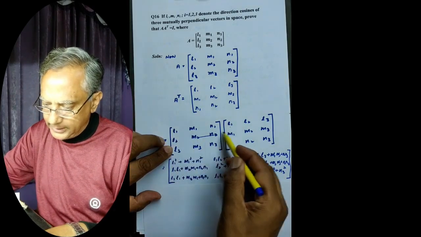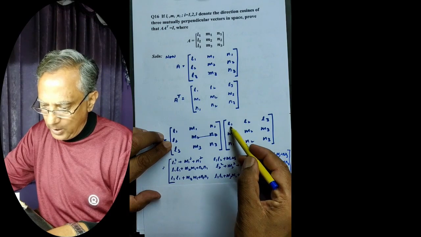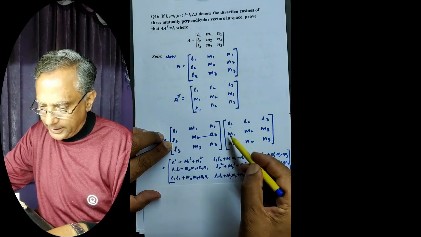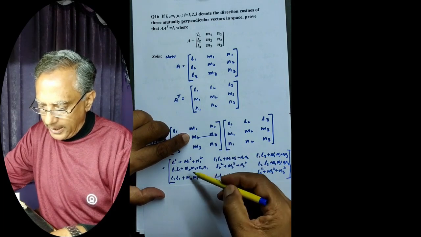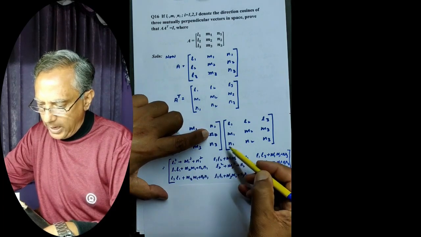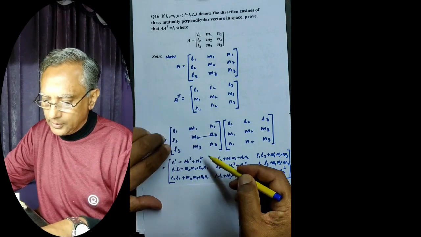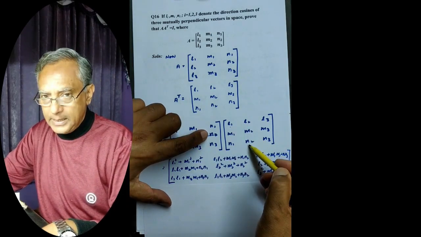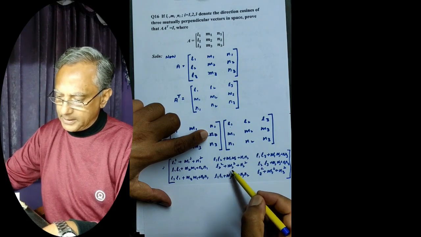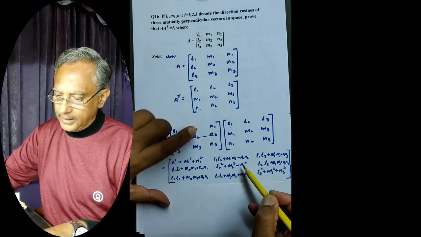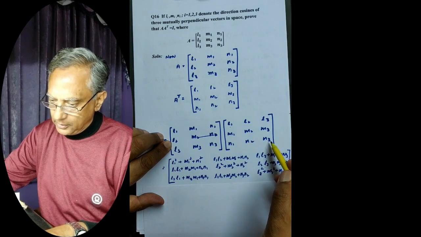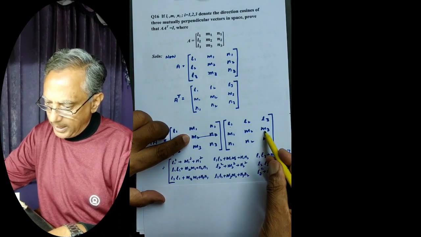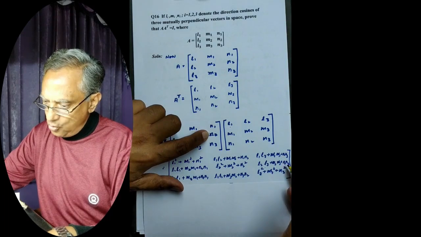Now this with this will give L1 L2 plus M2 M1 plus N2 N1. This with this: L2 square plus M2 square plus N2 square. This with this: L2 L3 plus M2 M3 plus N2 N3.